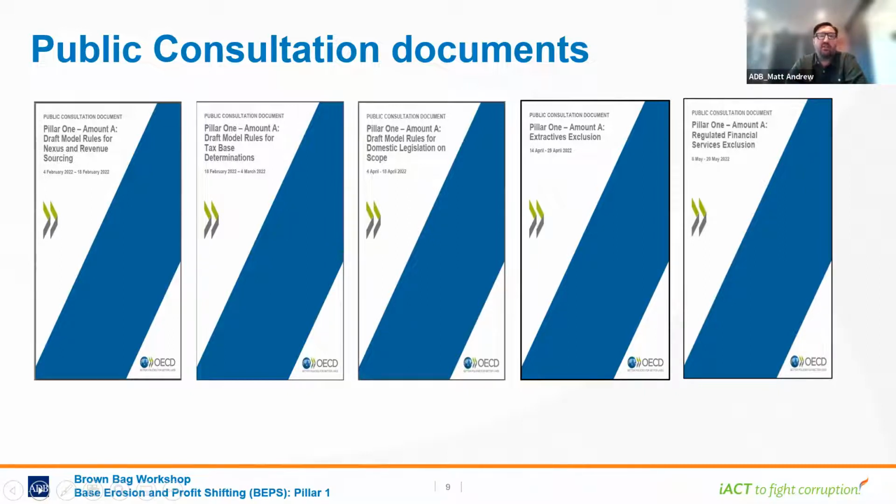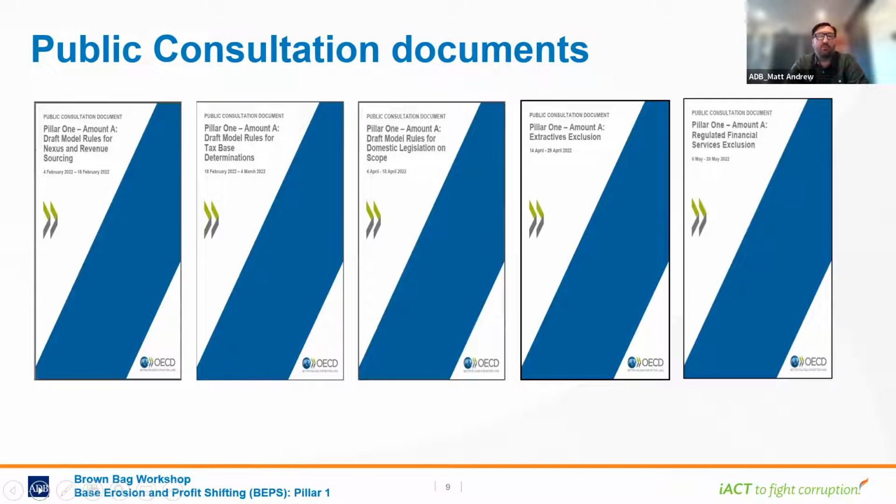Segmentation and the extractives and financial services carve-outs are dealt with in separate documents. The last two documents relate to the exclusions from the scope. The fourth document is the Extractives Exclusion, which was published by the Secretariat on the 14th of April 2022. It goes through how extractive companies will need to ensure that all of their income is excluded, and how segmentation will work for the extractives exclusion.